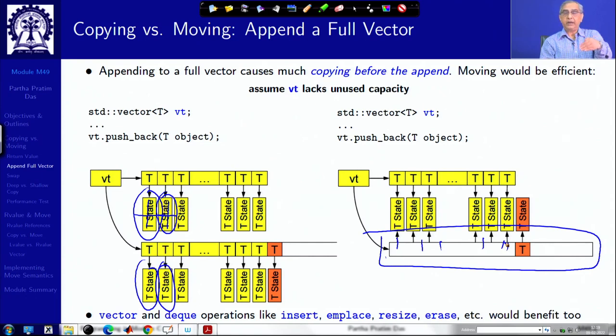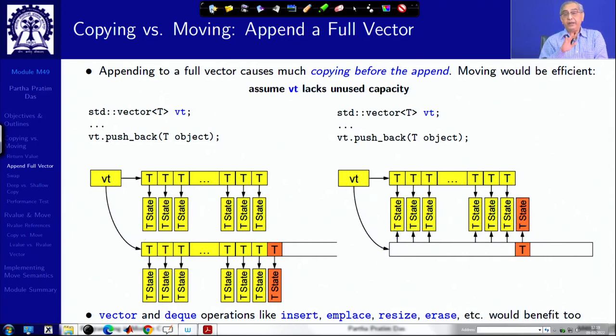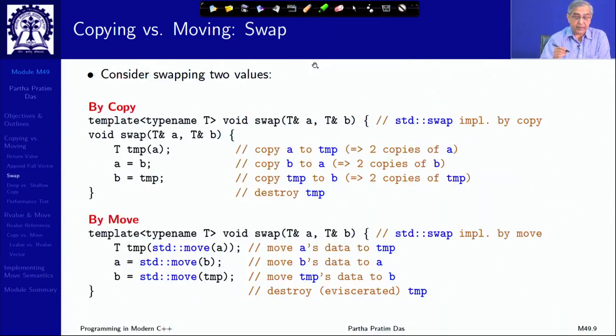No creation, no destruction, and then have the new one. So, it can be of tremendously great use if I could make use of this move. The question obviously is to decide when to copy and when to move. That is the tricky part which we will have to think about.